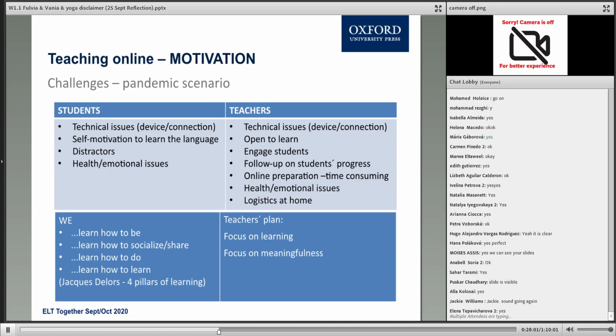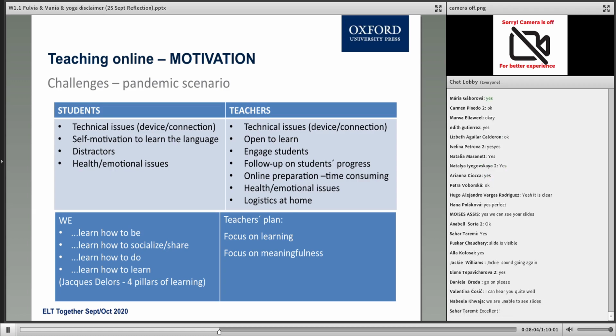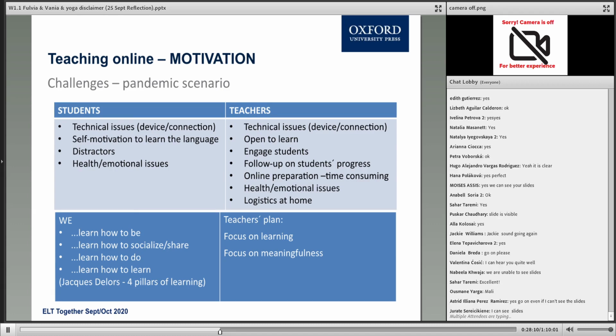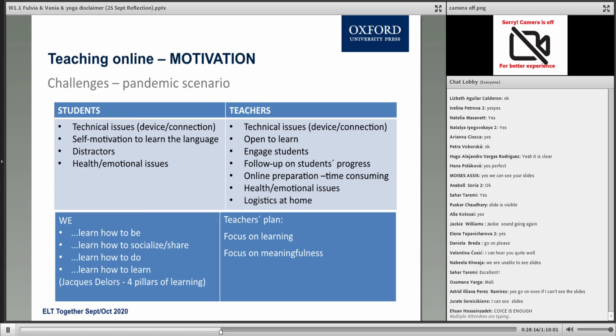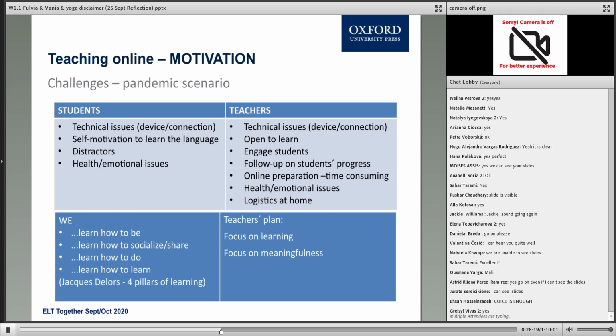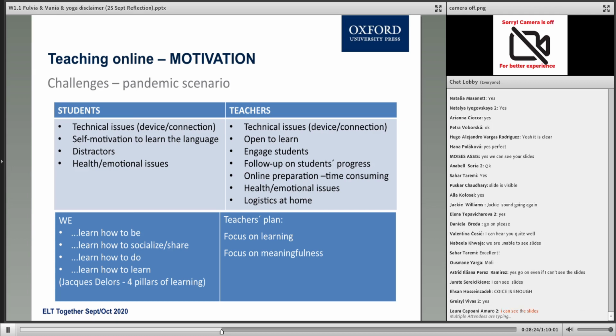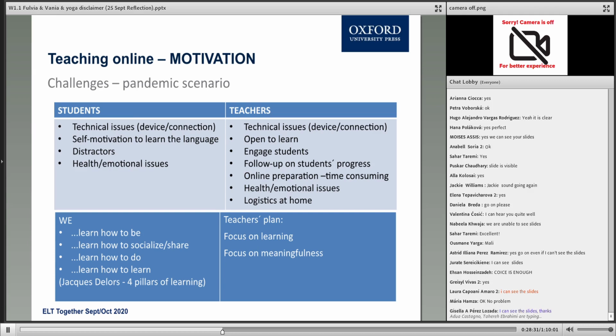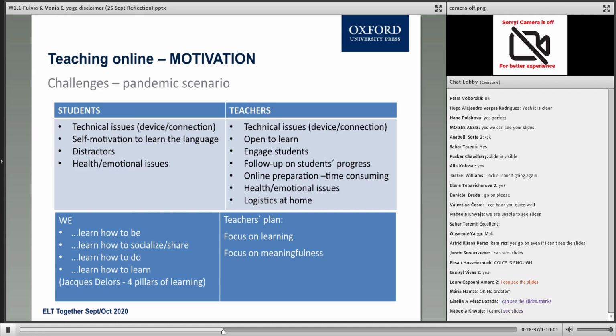So we were talking still about the challenges teachers have been facing. To engage students is the biggest issue. Teachers have been very open to learn, since they have to learn how to use new platforms, new apps, and develop new strategies to engage students and follow up on students' progress. That's basically what Fulvia has talked to us about in a deeper way.